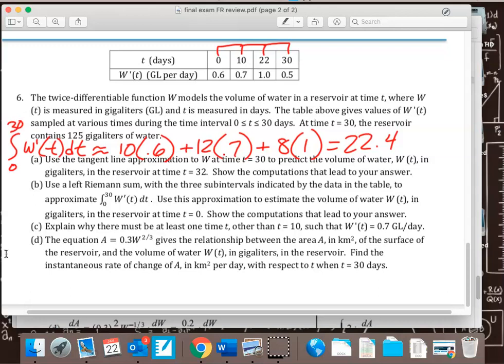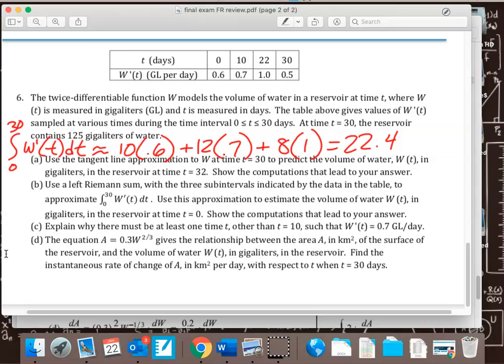Are those W values? No, those are W prime values. So think about this. If this is W prime, and we're asking you, hey, besides t equals 10, is there another time where W prime has to equal 0.7? Where do you think the 0.7 would have to fall? Between 22 and 30, right?